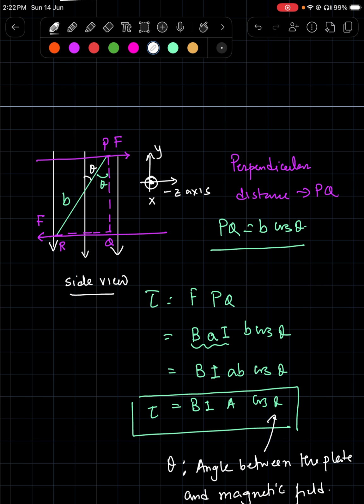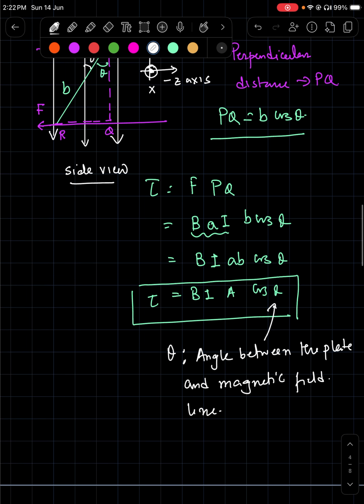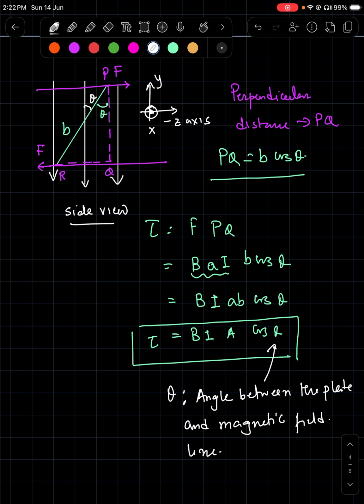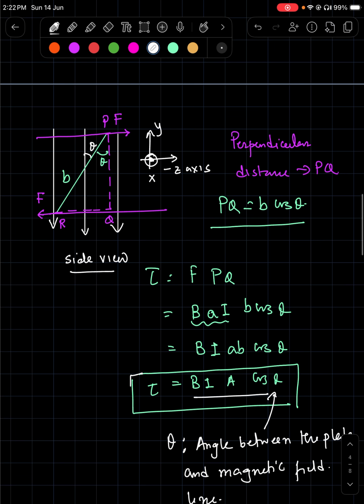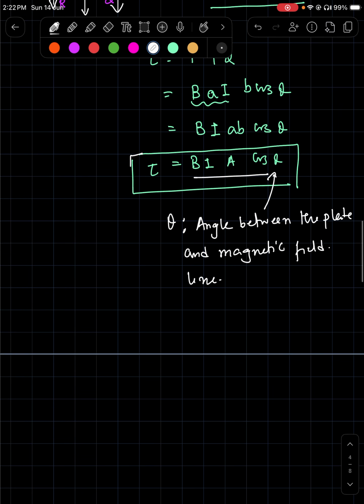But now we have to consider a more important fact to bring into the formula, much more important than this particular formula. That is, we have to consider the area vector in this picture. The area vector is denoted for any area whose boundary is traveled anticlockwise. If it is traveled anticlockwise, the unit vector is taken upward.